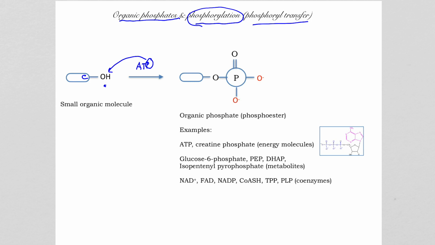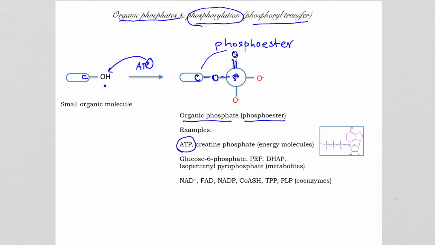And then we get what is called a C-O-P-O, a phosphoester. Organic phosphates in the form of phosphoesters are very, very common in the cells.